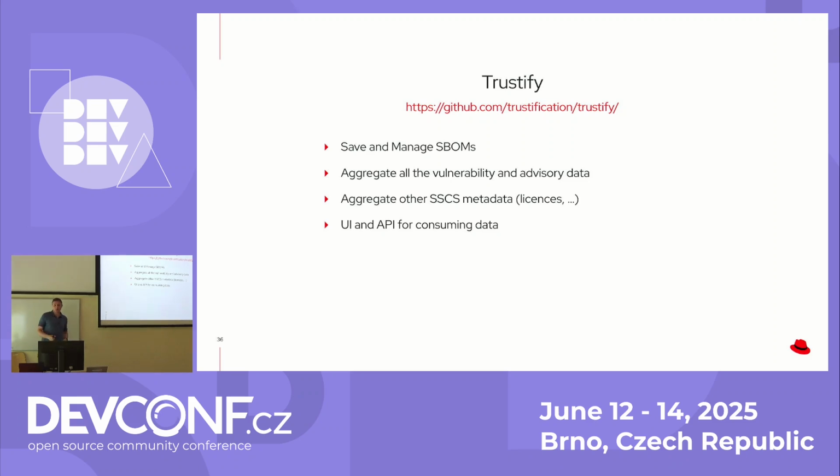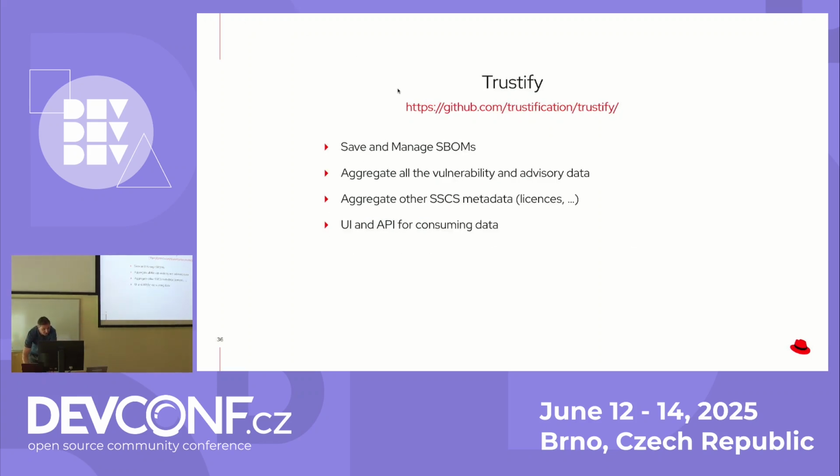It's not only about vulnerabilities, so the whole software supply chain world is made of all other metadata, like licenses and attestations and things like that. So all these things eventually will be ingestible and queryable in the software. And we try to provide a nice UI and API to consume all this data.